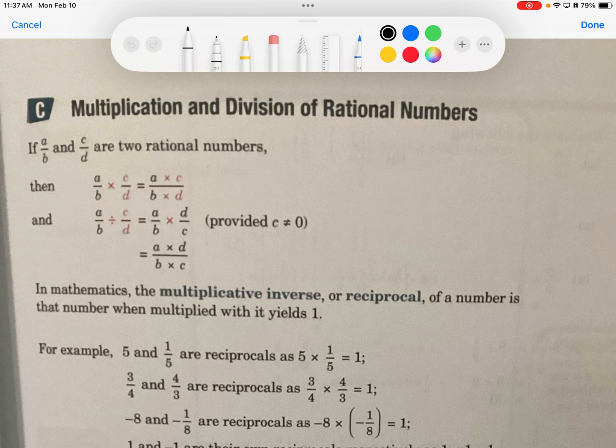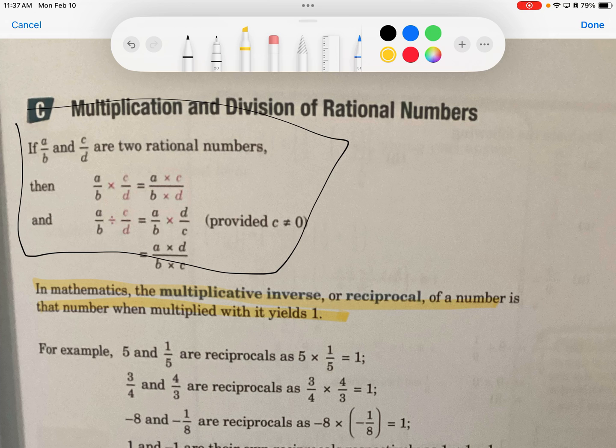So now we're going to deal with multiplication and division of rational numbers. So we know that this up here is the proof text for what it says here, which is in mathematics, the multiplicative inverse or reciprocal of a number is that number which, when multiplied with it, yields 1.